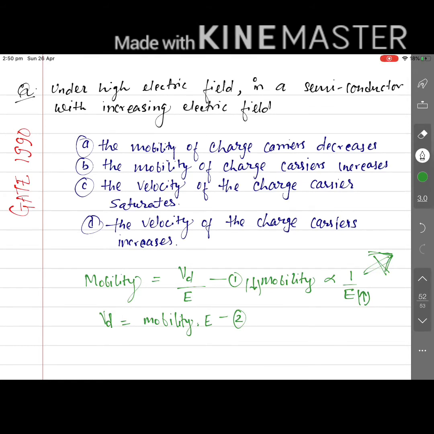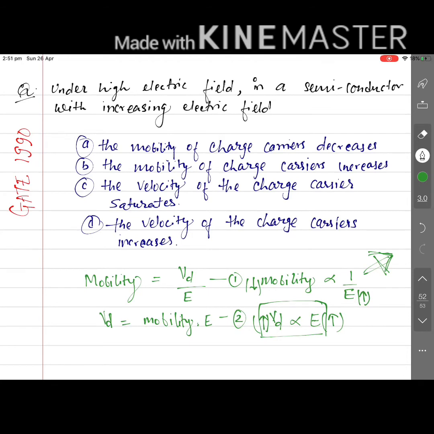So from here you could see that the drift velocity Vd is directly proportional to electric field E. So as the electric field increases, the drift velocity will also increase. But actually in reality this is not the case. To some extent, when we increase the electric field, the drift velocity also increases, but after some time it gets saturated.